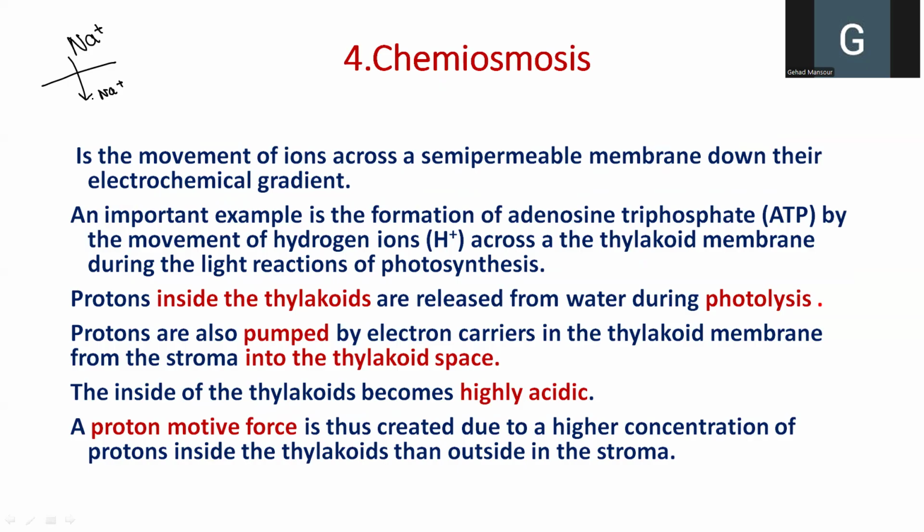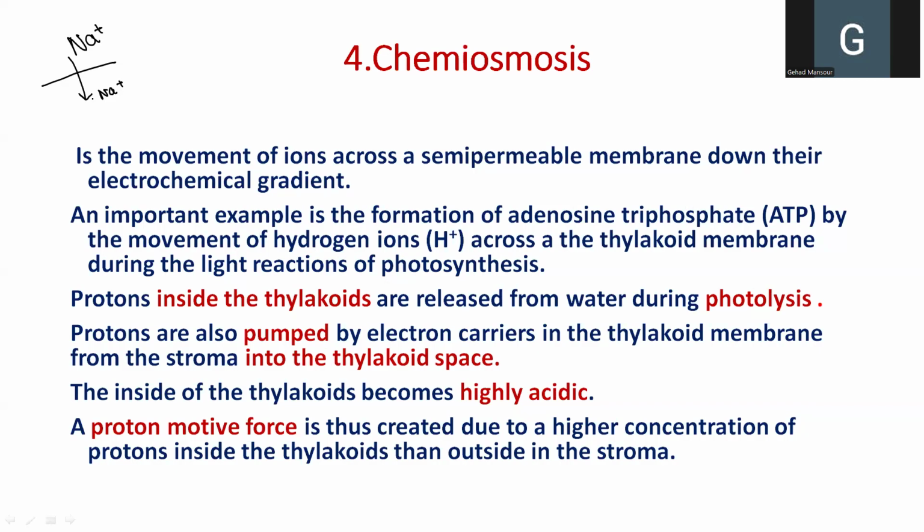But the chemiosmosis worth mentioning here in photosynthesis is the one that helps the formation of adenosine triphosphate through the movement of protons across the thylakoid membrane.